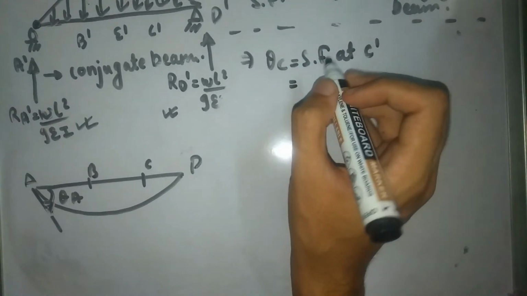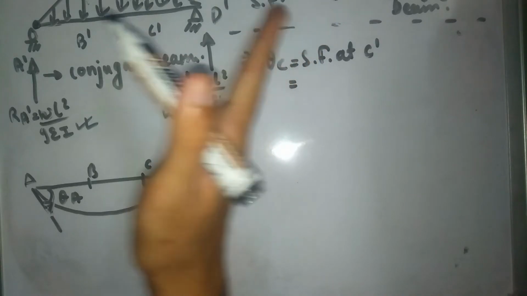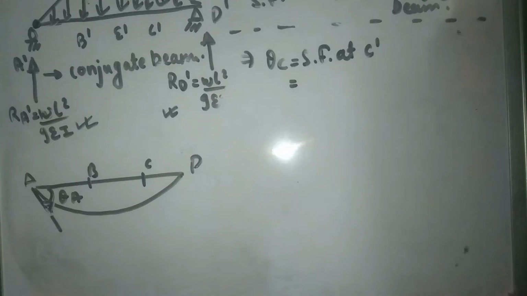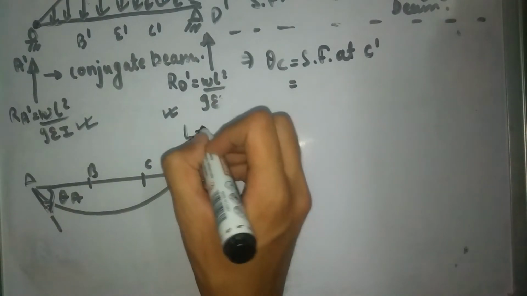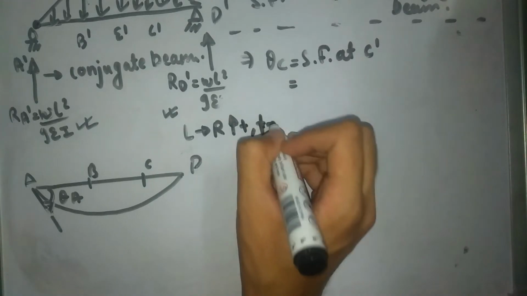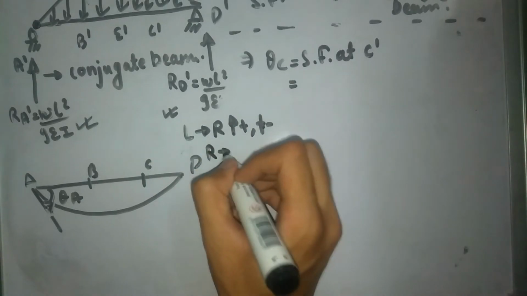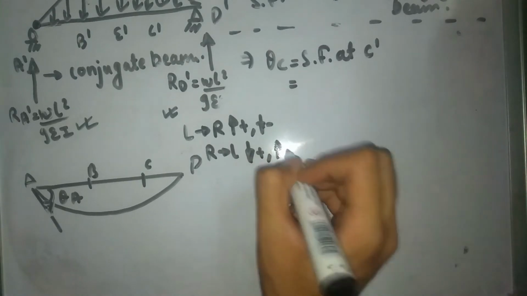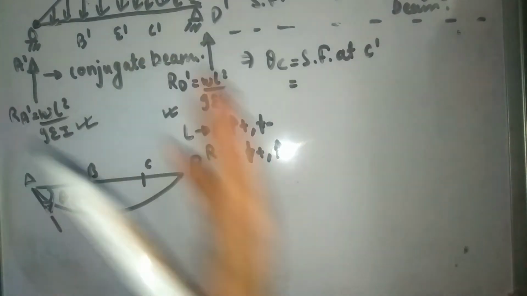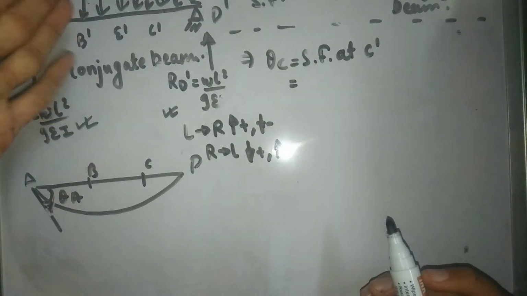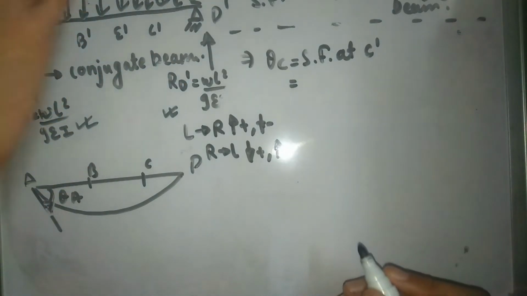In this case I can go from right to left as well, whereas right now I was going from left to right. Regarding my sign convention, when I'm moving from left to right, I take upward forces as positive and downward forces as negative. But if I move from right to left, I take downward forces as positive and upward forces as negative. So let me calculate theta C by moving from right to left, because then I have to use fewer forces.